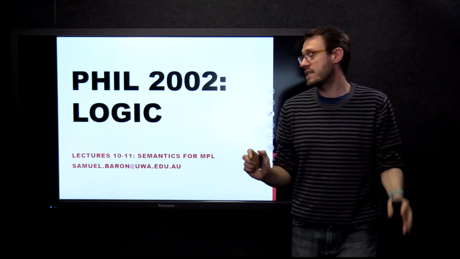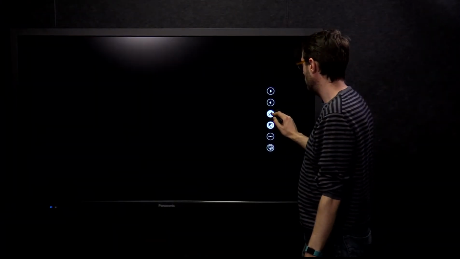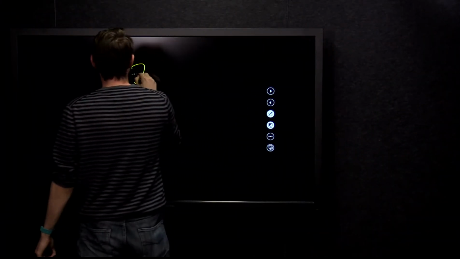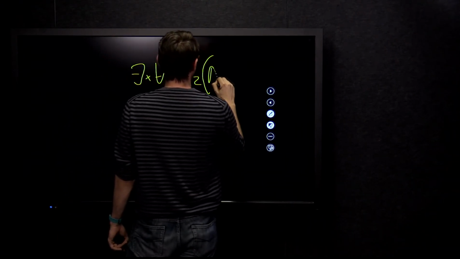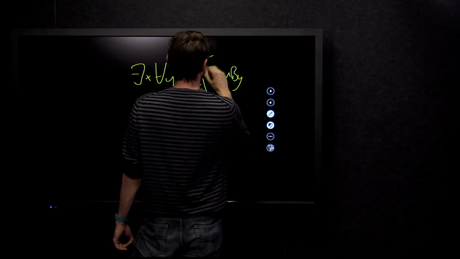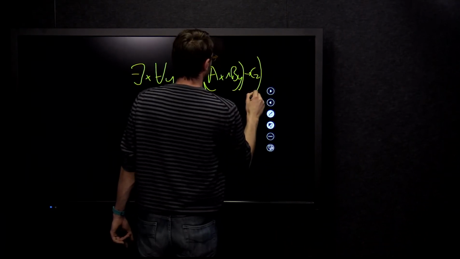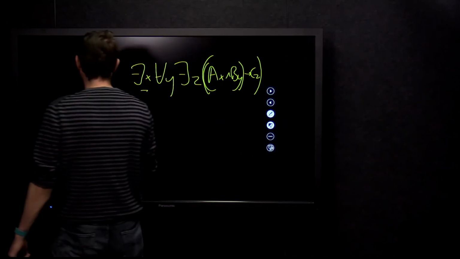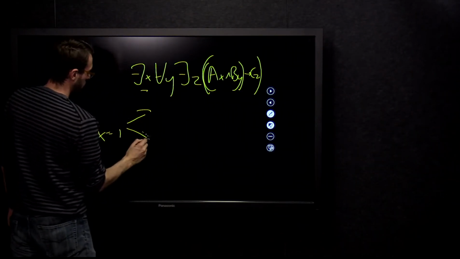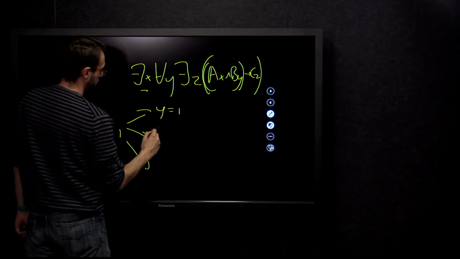So it turned out that statement, the one that we were interested in, this statement here, there exists x, for all y, there exists z, was true because there was some value for x. We had x equal 1, where we had all 3 values for y.